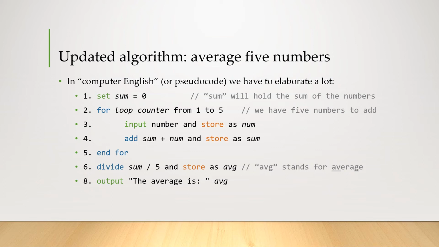And then for each pass through the for loop, we're going to input a number, store it as num, add num to sum, and store it as sum. Then when we've ended the for loop, sum is going to hold the sum of 5 numbers, so we're going to divide by 5 and store that as average. Okay, and then we're going to output the average is average.